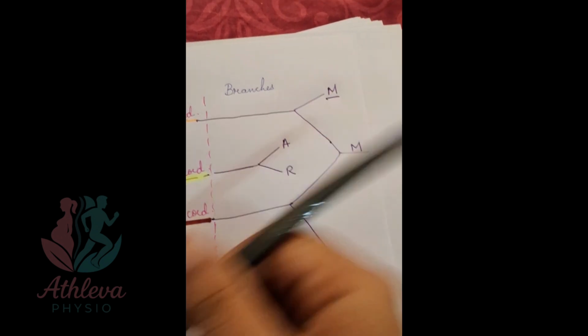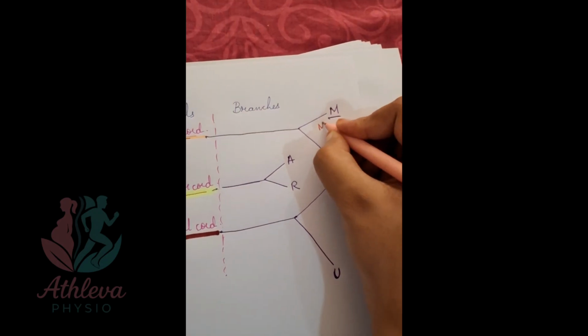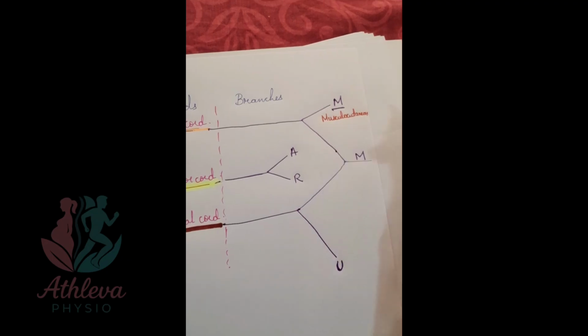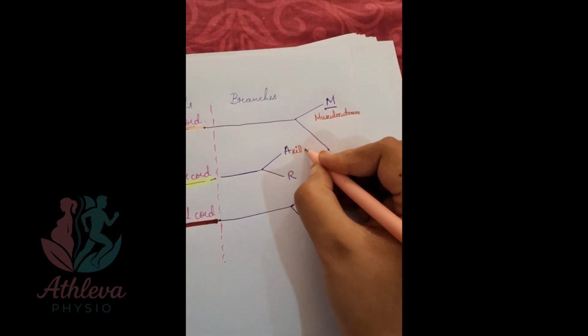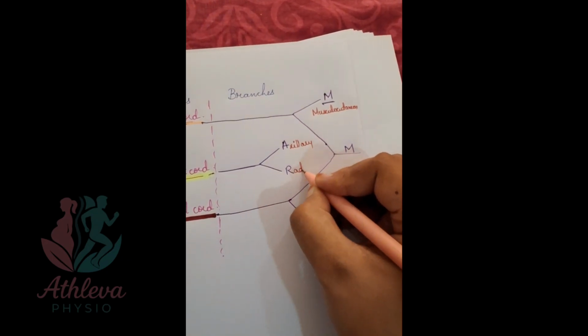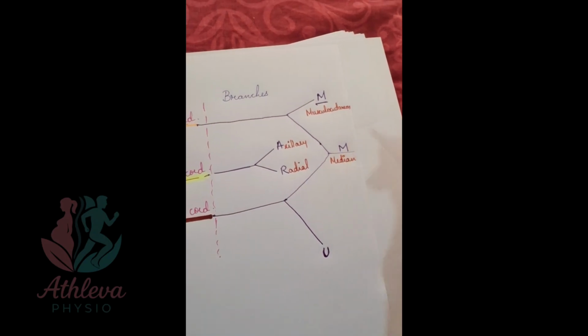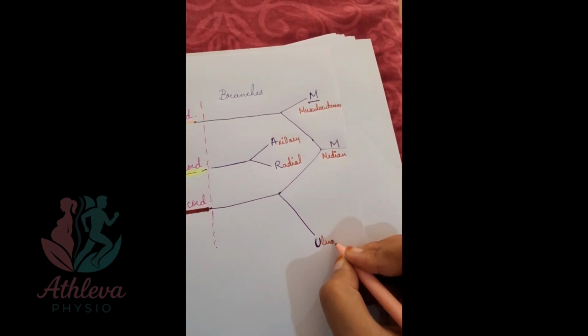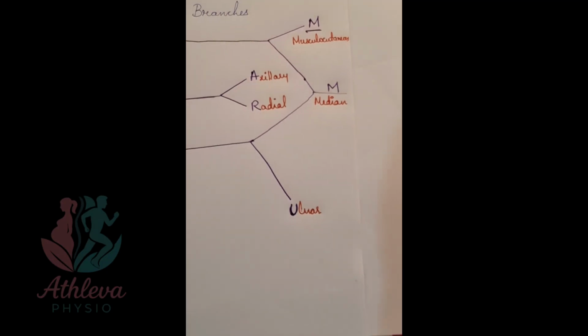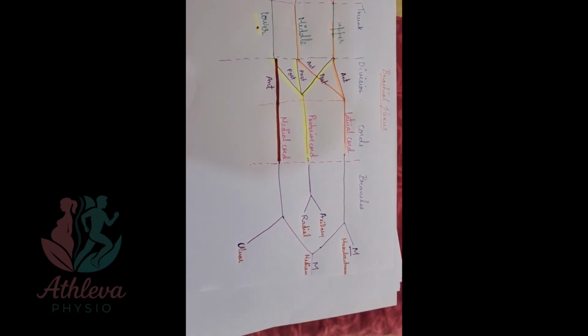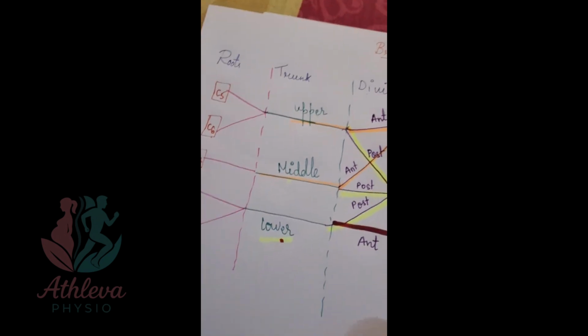M stands for musculocutaneous nerve, A for axillary nerve, R for radial, M for median nerve, and U for ulnar nerve. This completes the brachial plexus.